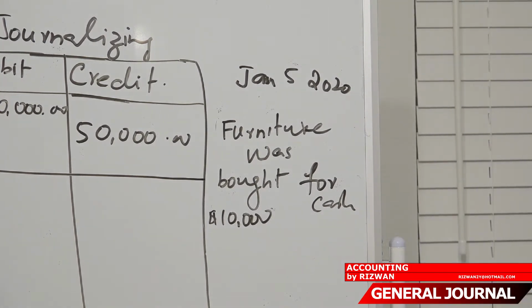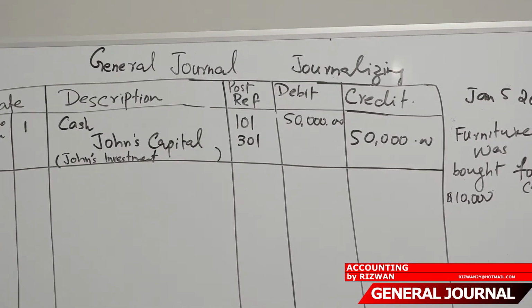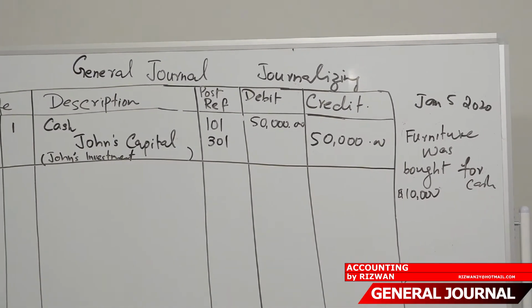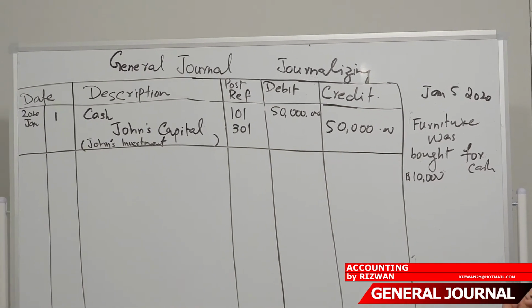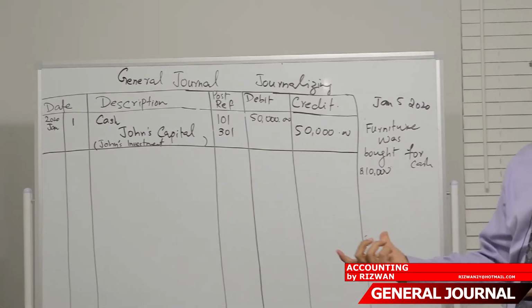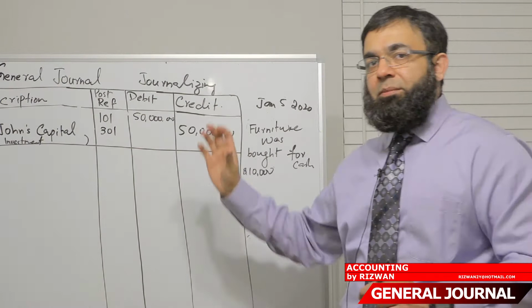So in this case, what will happen, guys? The same thing will be applied. First, we need to decide which account is going to be debit and which account is going to be credit. That's all. Then once we've decided, we are sure about it. You have to go systematically.